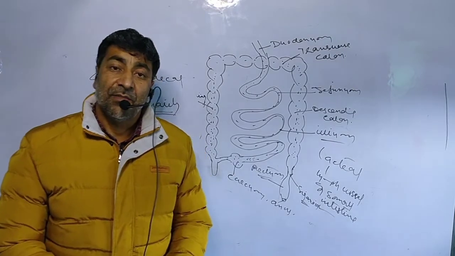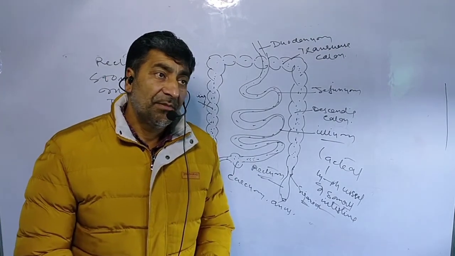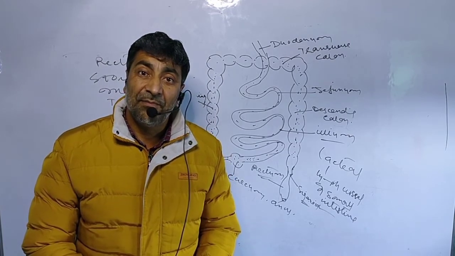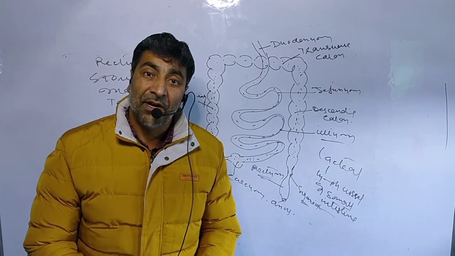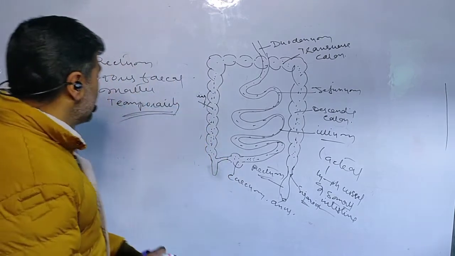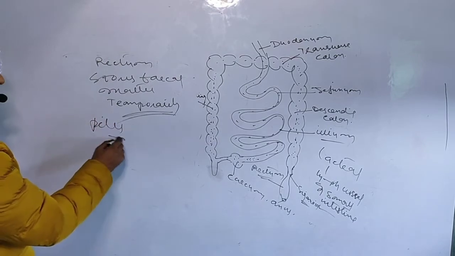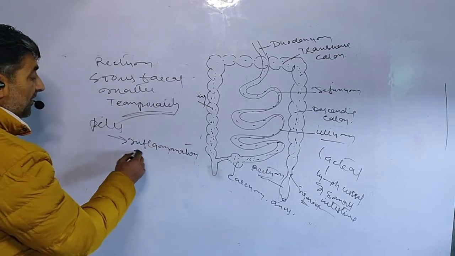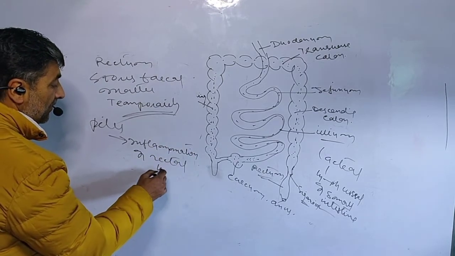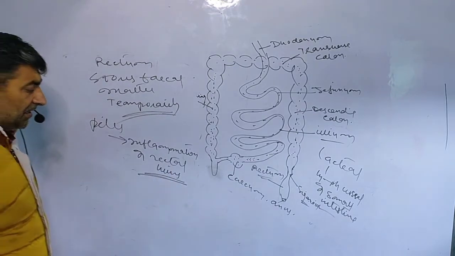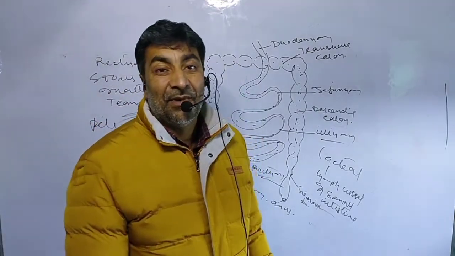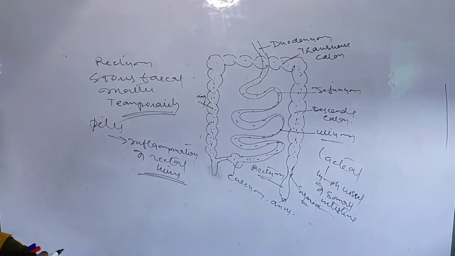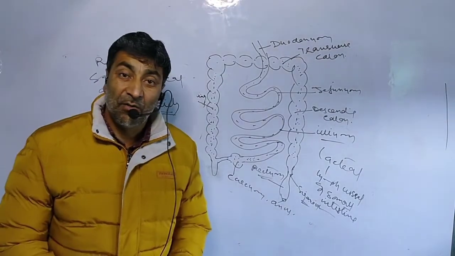One of the important diseases associated with the rectum is called piles. You might have heard about piles. Piles means inflammation of rectal veins, that is, swelling of rectal veins. How does inflammation of rectal veins occur?